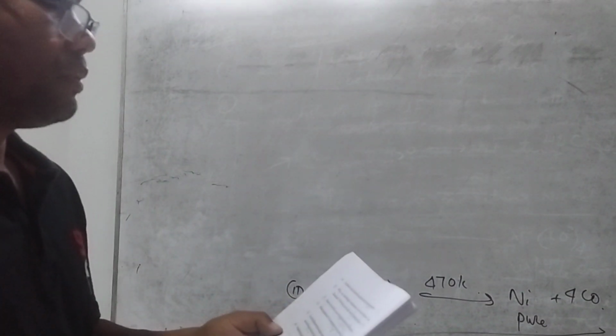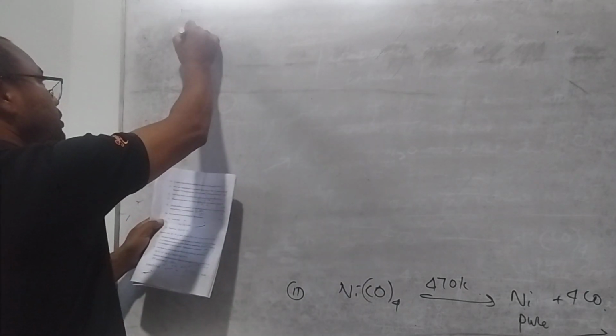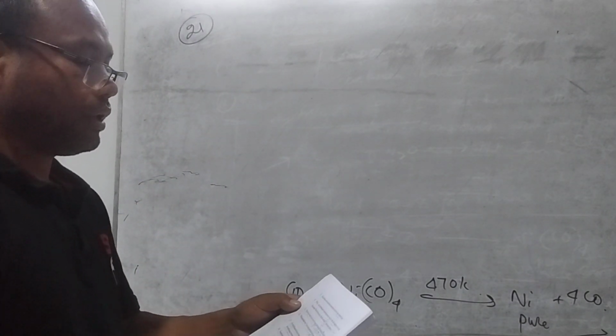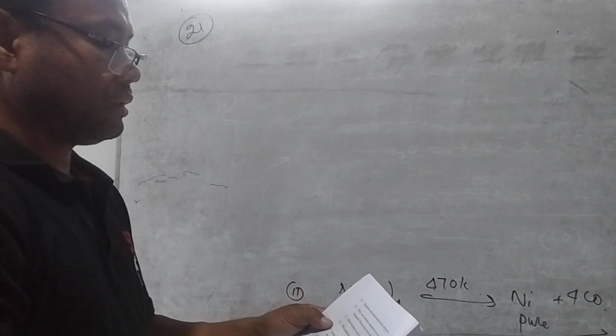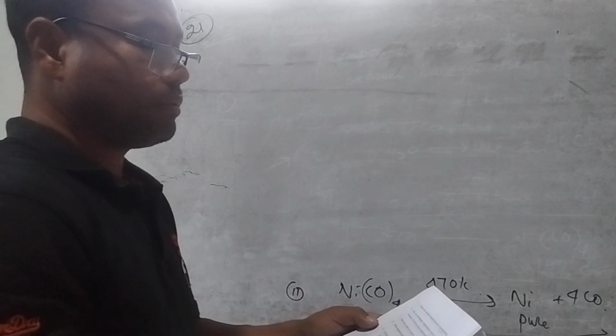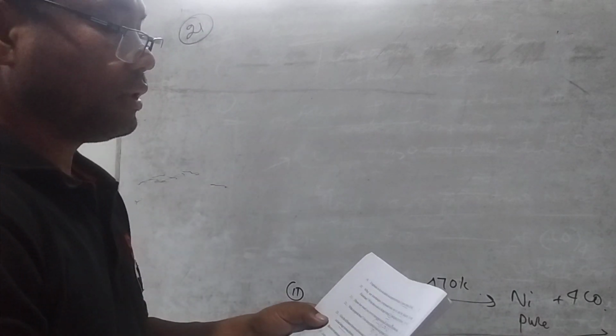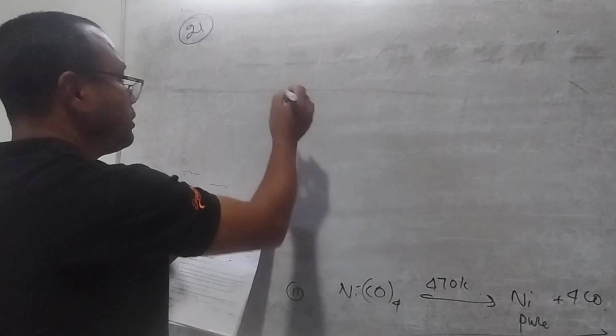Question number 21. This is a question from organic chemistry. Here the question is, how would you convert benzene diazonium chloride to benzyl amine? Let me write the reaction directly here.